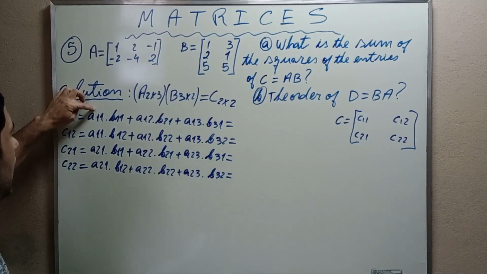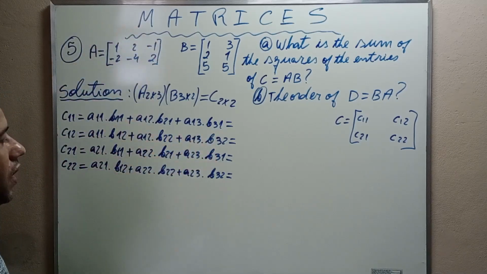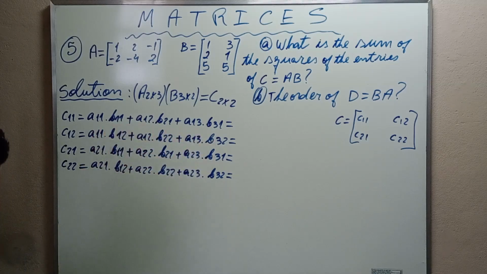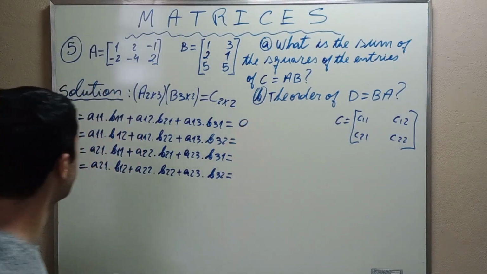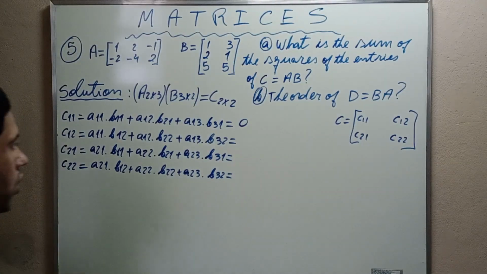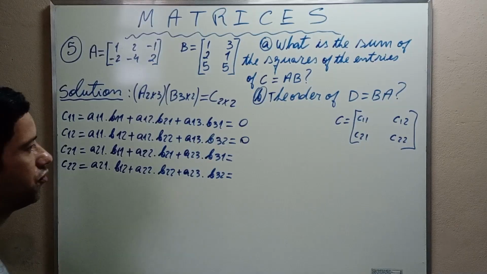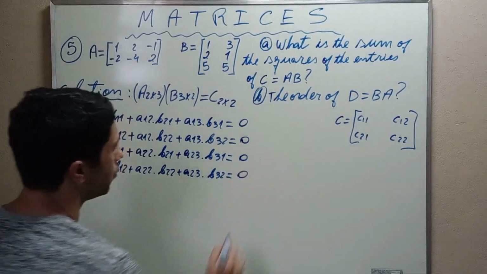If we take every entry and substitute here in this addition and multiplication, we find that C11 is 0, C12 is 0, C21 is 0, and C22 is 0, okay?